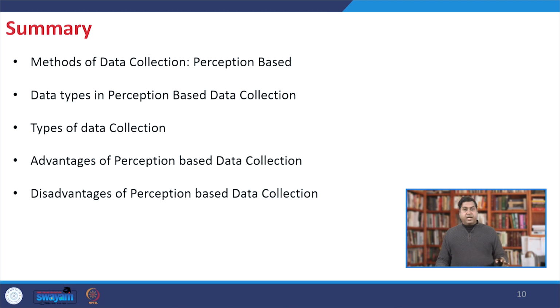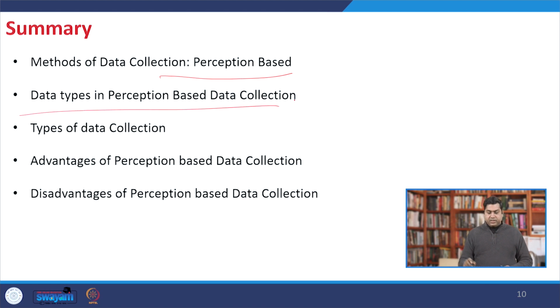Now, to summarize this particular lecture, we have discussed the perception based survey, how it is important in the field of architecture and planning, and how user perception can play a crucial role in bringing out user friendly design or planning.